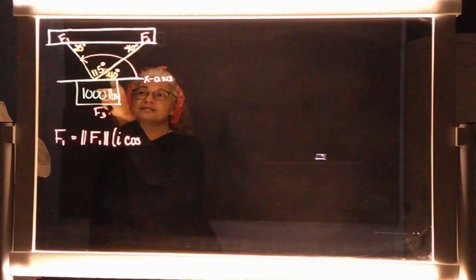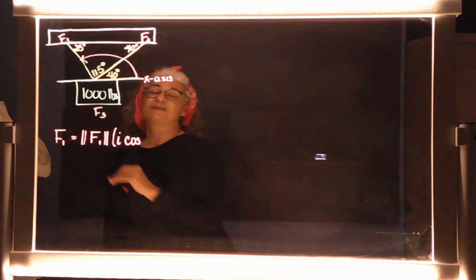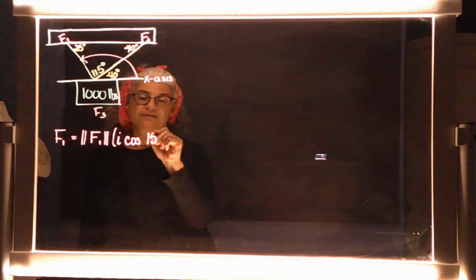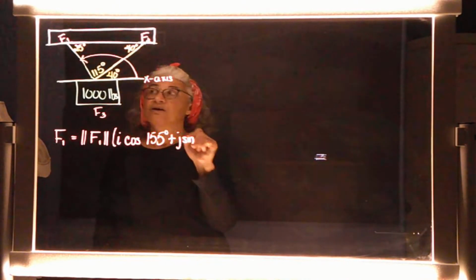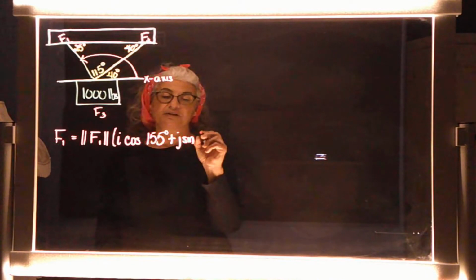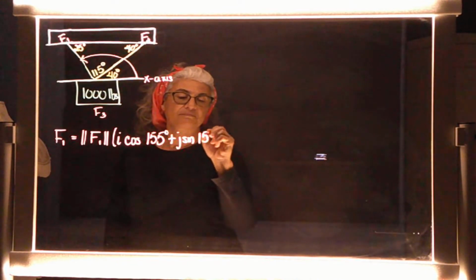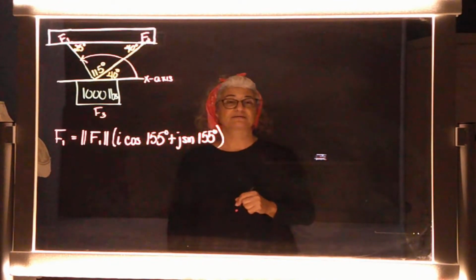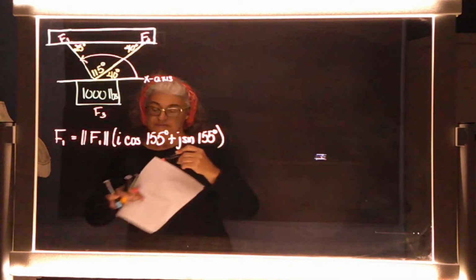The 40 degrees and that 115 degrees, doesn't that make up that 155-degree angle? Good. So this first vector, F1 over here, on the left side, shall I say, has an angle of 155 degrees. That's its direction. Got it?